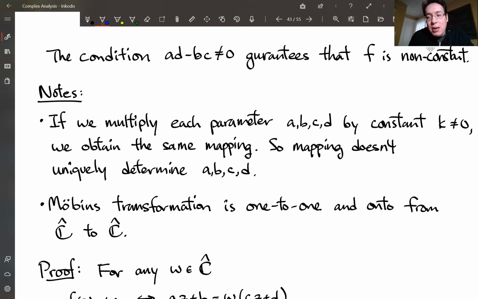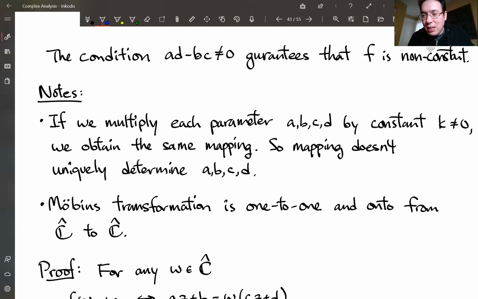Okay. So there are 4 parameters, a, b, c, d. It looks like there are 4 degrees of freedom, but really there are only 3, because if you multiply each of the constants by the same number, let's say k, which could be complex, then you get the exact same mapping.